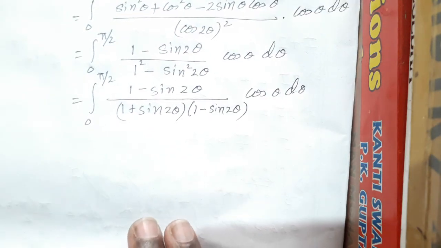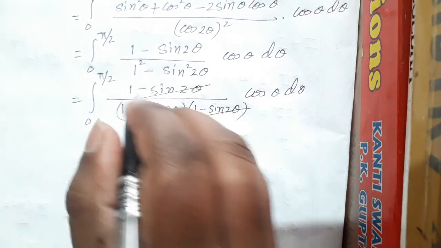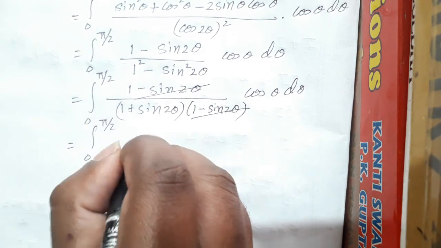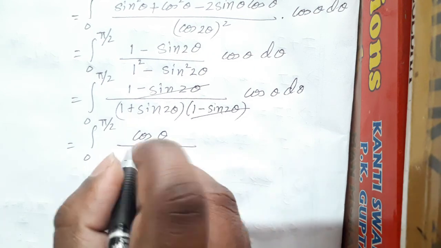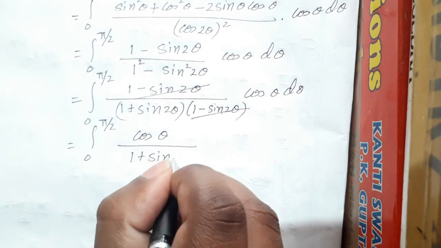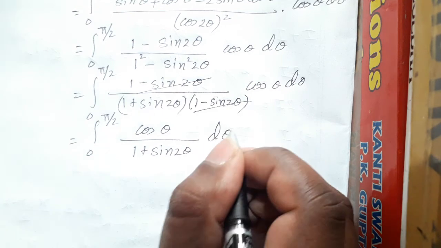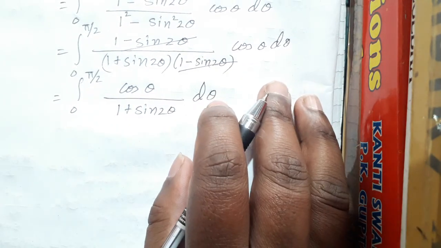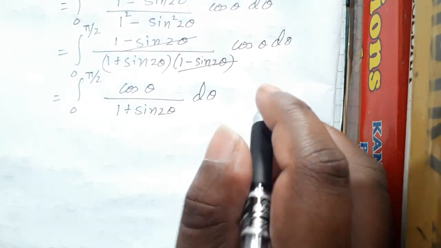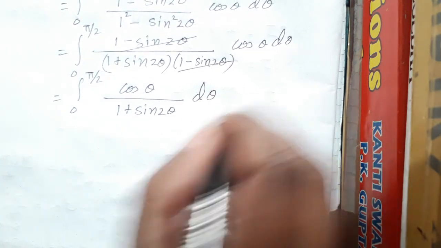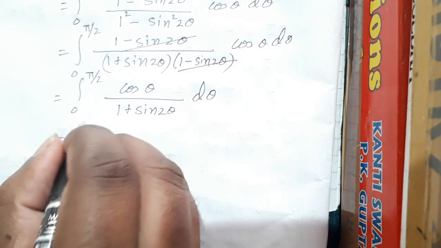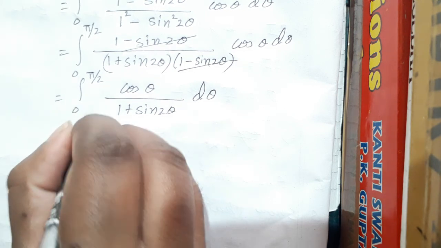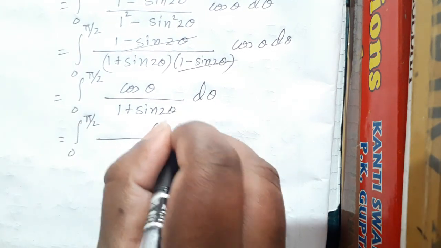The 1 minus sine 2 theta terms get cancelled, so we are left with the integral from 0 to pi by 2 of cos theta divided by 1 plus sine 2 theta d theta. So this can be written as the integral from 0 to pi by 2 of cos theta.